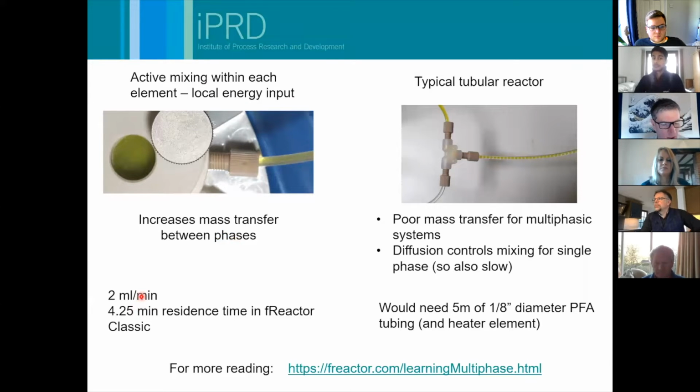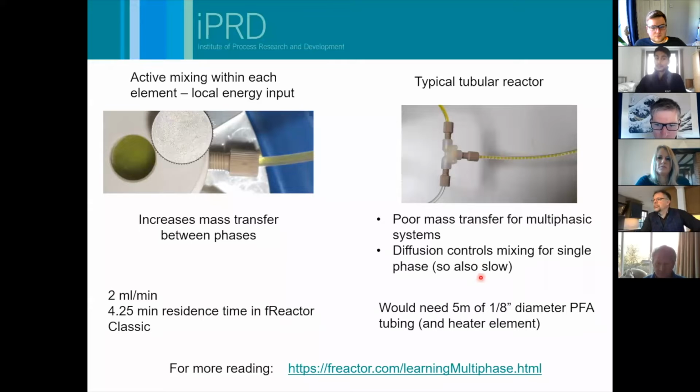Now, just by way of example, I'll jump over to the right-hand side. This is a typical tubular reactor system. So this pipe might be wrapped around a mandrel that keeps it hot. We have much poorer mass transfer for these multiphasic systems. You can see the interfaces between the green and the clear are not big areas per volume of fluid.